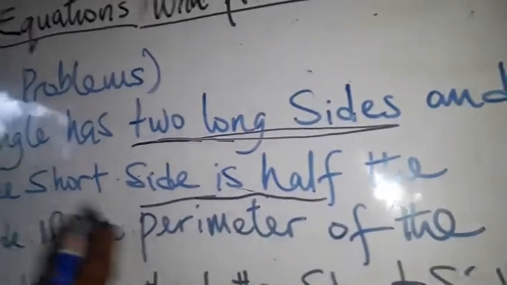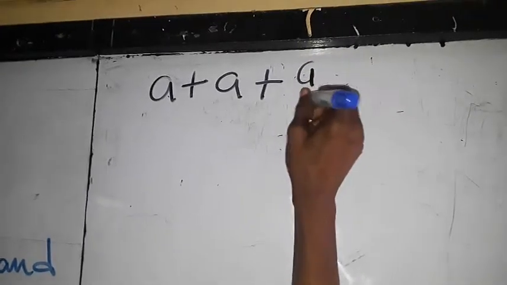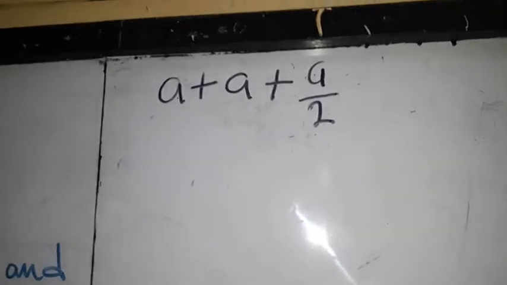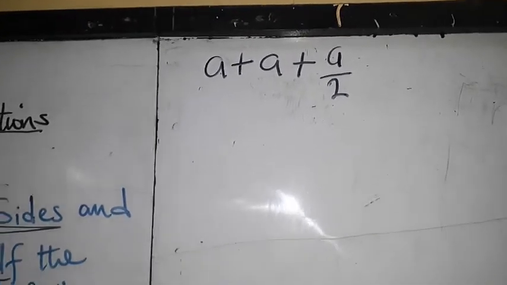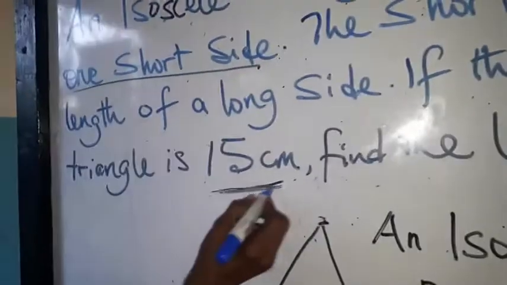It says the short side is half. So even if we say A here also, we have to divide that by 2. That's what we are trying to do. So if we divide that by 2, equate it to the perimeter, which is 15.